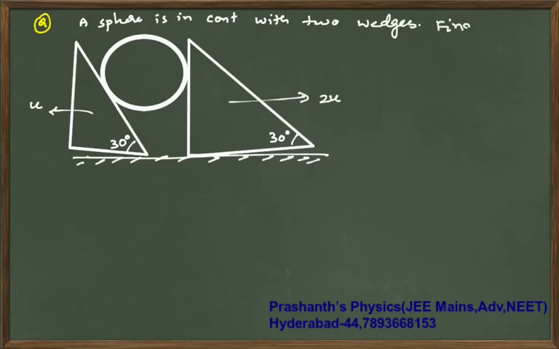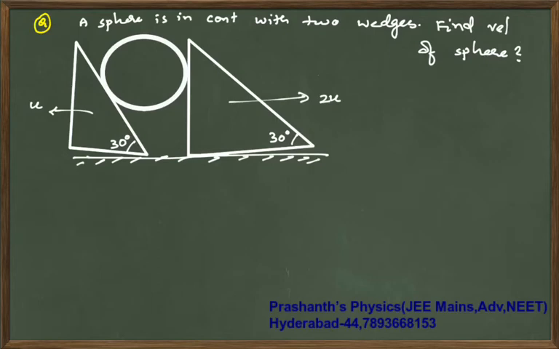Find the velocity of the sphere. Basically it is in contact with two surfaces which are at an angle of 30 degrees. This side it is in contact with the vertical. To the left it is in contact with the inclined plane.